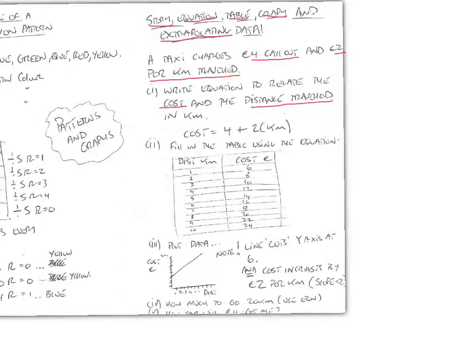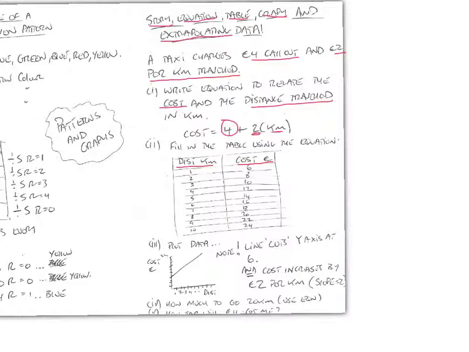And we can see that the cost will always be equal to €4, which will be charged for calling the cab company out in the first place, plus €2 per kilometre travelled. So for every kilometre we travel, it's going to cost us €2 plus the 4 for calling the car company out.